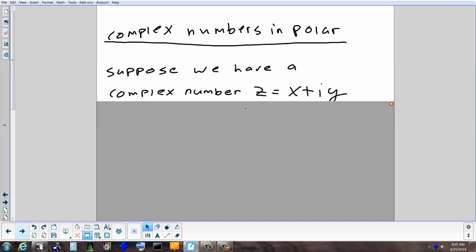Okay, and if you look at that, you're like, whoa, wait a minute. Now he's using x and y. He always used a and b when I talked about complex numbers. You can still use a and b if you want. It's just now we're getting into graphing. And I think if I use x and y, you'll remember the real part is horizontal, and the part with the imaginary is the vertical. Okay, that's why I'm using the letters x and y.